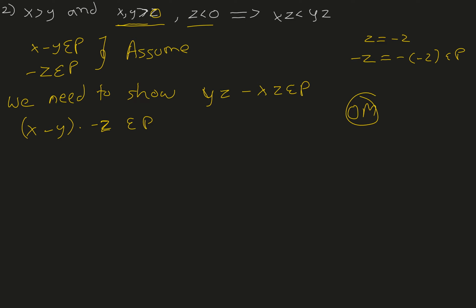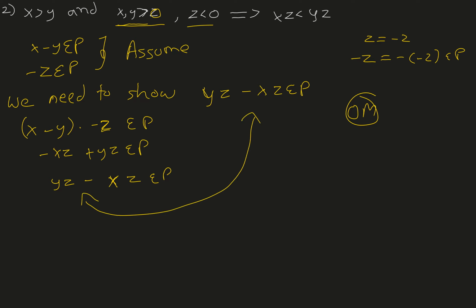So multiplying these two together, we get minus xz plus yz being in P. We get this by distributivity, which we can rearrange, since addition is commutative, to yz minus xz also being in P. And this is exactly what we need to show.